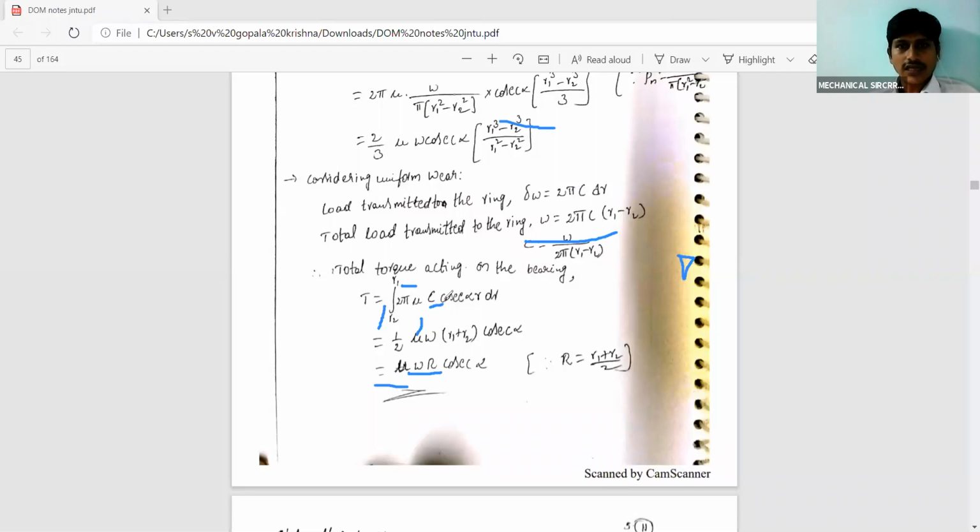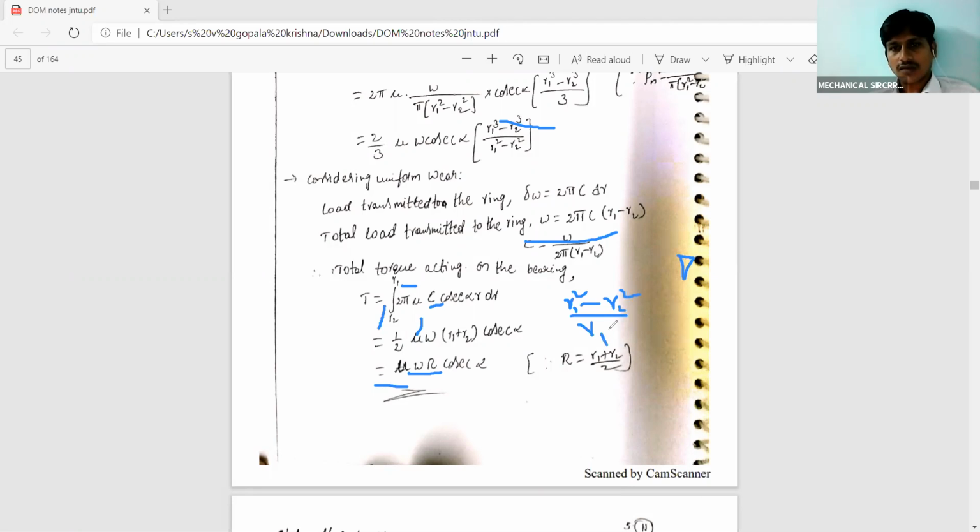The 2 pi cancels, and w is there, with r1 minus r2 at the bottom. The integration of r dr is r square by 2, so substituting the limits we get (r1 square minus r2 square) by 2, with r1 minus r2 already at the bottom.